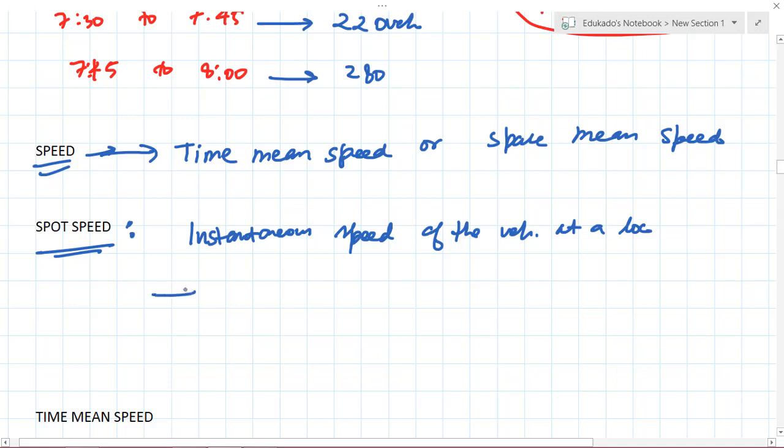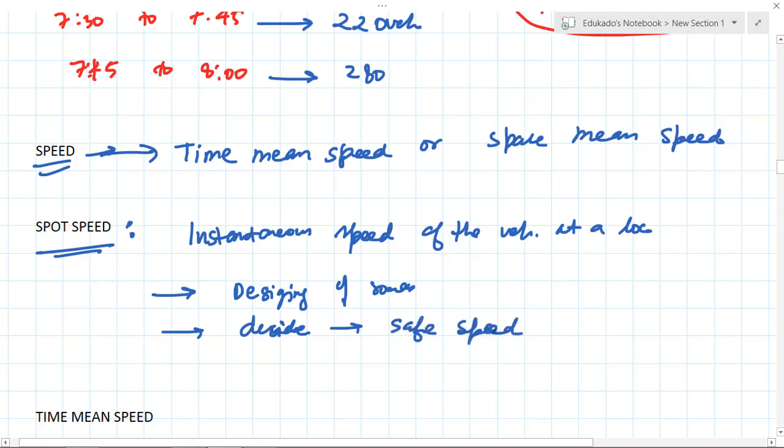So why do we need this? We need it for the geometric design of roads, and to decide what will be the safe speed limit. The safe speed limit is determined using the spot speed, and so is the location of speed limit and signs.